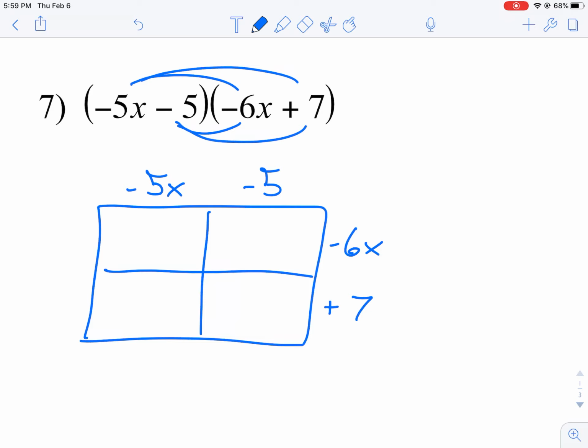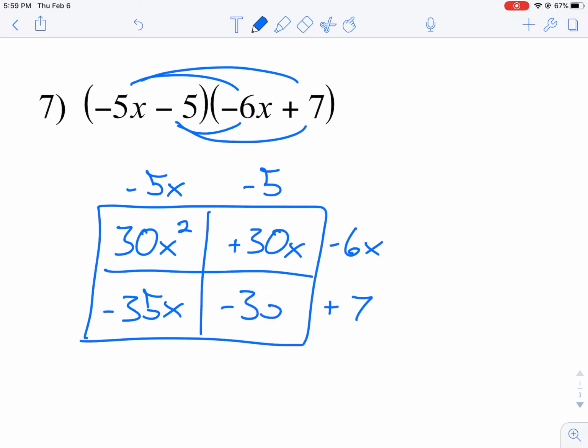So negative 5x times negative 6x is a positive 30x squared. Remember to add those exponents. Negative 5 times negative 6x is positive 30x. Negative 5x times positive 7 is negative 35x, and then negative 5 times a positive 7 is negative 35. Now this doesn't always happen.